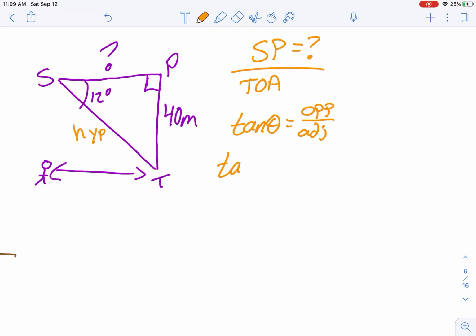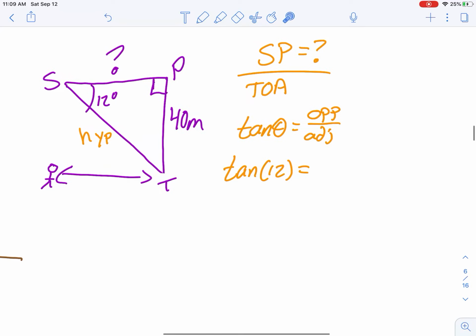Let's plug everything in here. So tan 12, now we're thinking about it in terms of 12 degrees. So what's the opposite side to 12 degrees? Well, it's 40 meters. So here, I'm going to write this as PT, because that's the opposite length to 12. And then the adjacent length is SP, which is what we're trying to solve for.